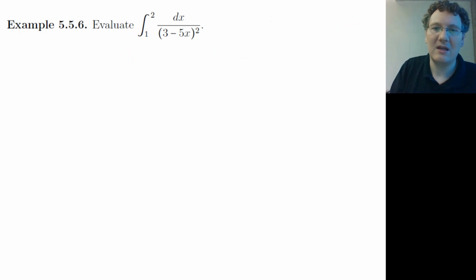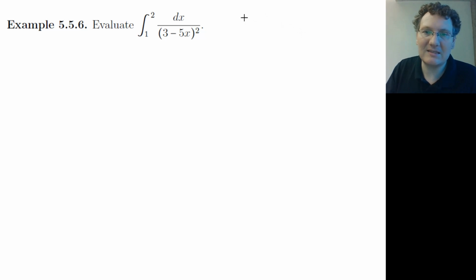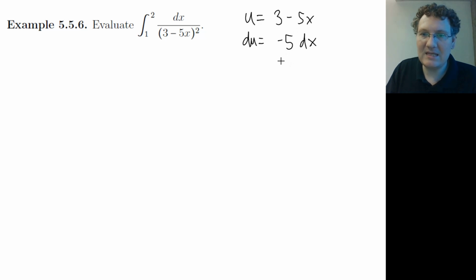So we're going to integrate this function from 1 to 2, it's dx over 3 minus 5x squared. It's natural, of course, to let u be 3 minus 5x, right? And du is going to be, of course, -5 dx. Okay, so dx is -1/5 du.